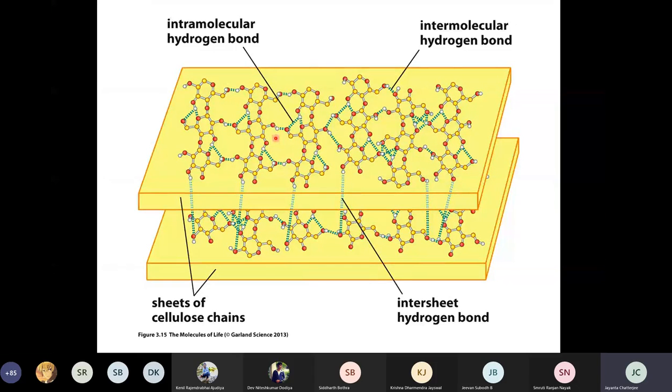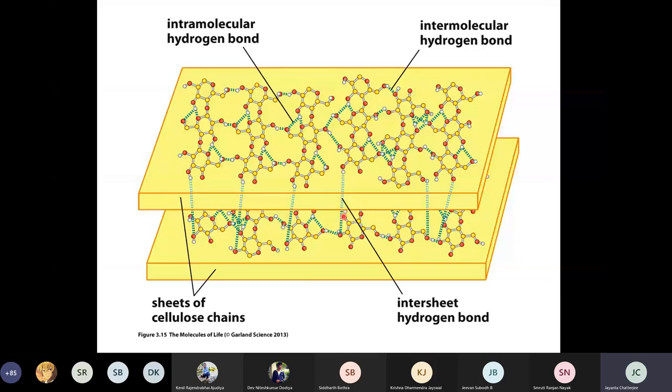bonds. And in one specific plane, where you have parallel polymers stabilized by intermolecular hydrogen bonds, it can also interact with another plane of parallel polymers of this saccharide, and those are also stabilized by intermolecular hydrogen bonds. Now, for the sake of clarity the plane has been drawn above, but of course these are not drawn to scale.